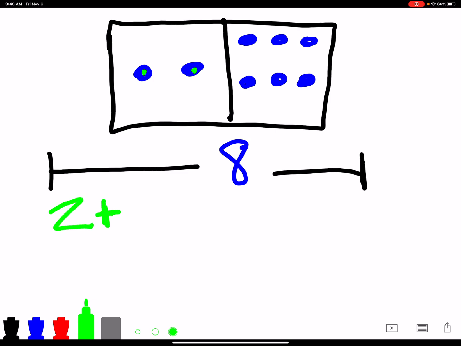So 2 plus the other part, which is 1, 2, 3, 4, 5, 6. 2 plus 6 equals, and then we have our whole down here, so we know it's 8, but if we want to double check, we can always count the total dots together just to make sure. 1, 2, 3, 4, 5, 6, 7, 8. And that's correct. We know we did this one right.